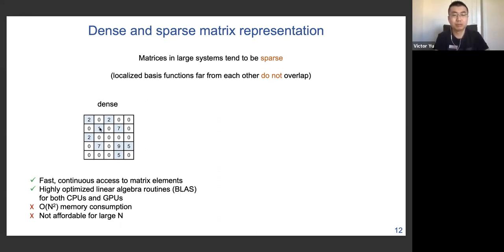So for example, if you multiply two dense matrices together on a GPU, you get very good performance. But the problem of this, especially for large systems, is that the memory requirement goes up very rapidly. So for large systems, you run into a memory problem, even if you distribute the matrix.